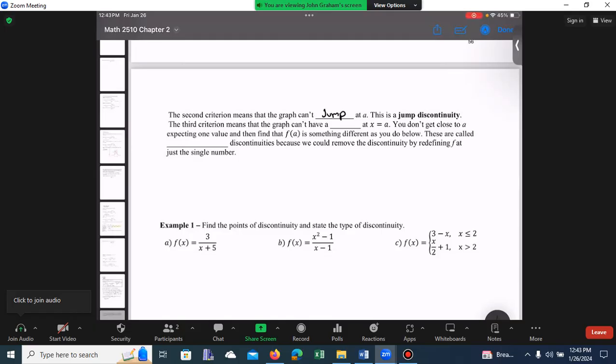There's a couple more. The third criteria means that the graph can't have a hole at x equals a. So you don't get close to a and expect one value, and then when you reach a, you end up with a different value. We call this a removable discontinuity, because we could redefine f at a as just a single number.